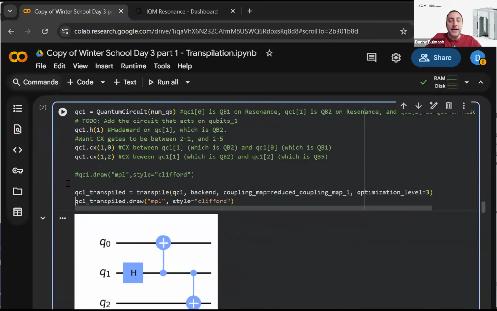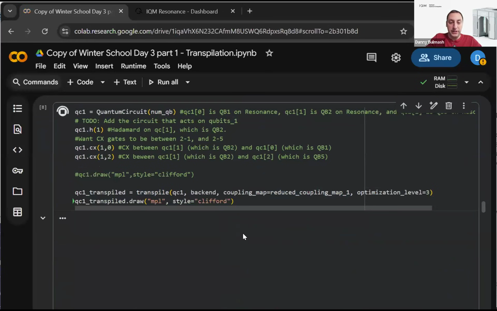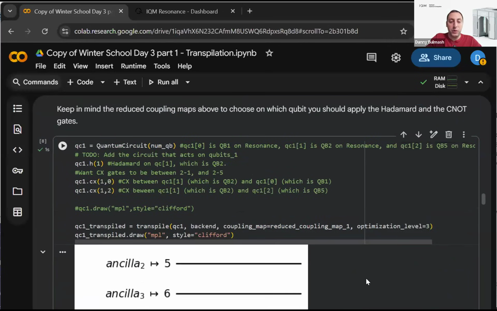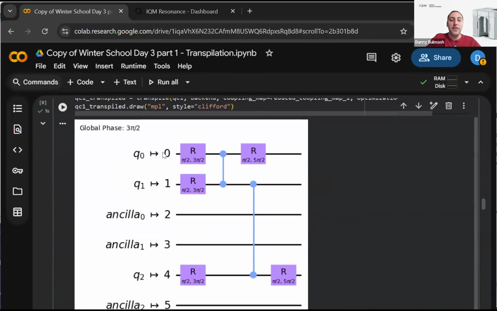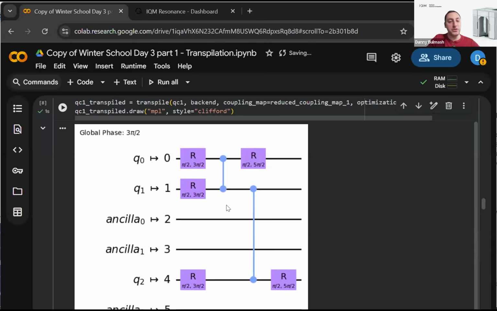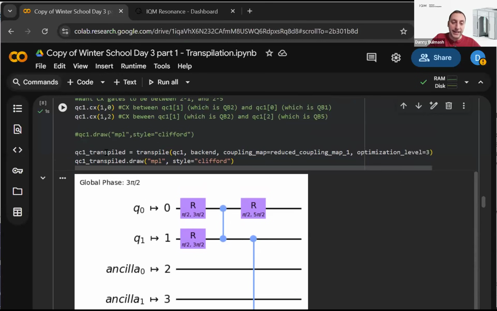And so if I draw the transpiled circuit, we're going to get something quite different. What we see instead is that on the physical qubits 0, 1, and 4, we have a circuit. You'll also notice that there's no Hadamard gates and there's no CX gates. Instead, we only have native gates. The software is automatically converting our CX gates into CZ gates and a bunch of other stuff happening here.